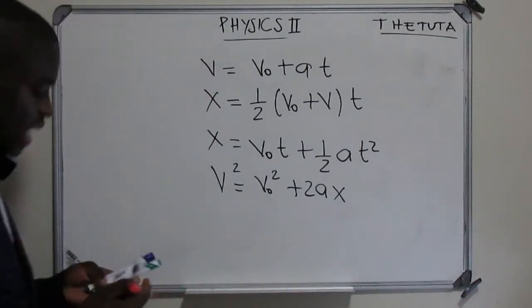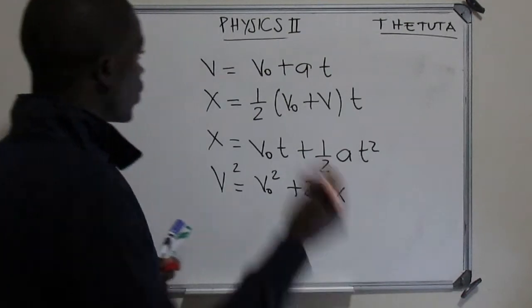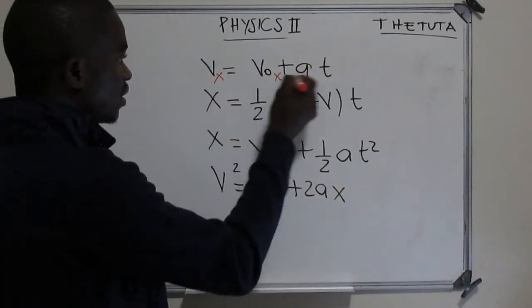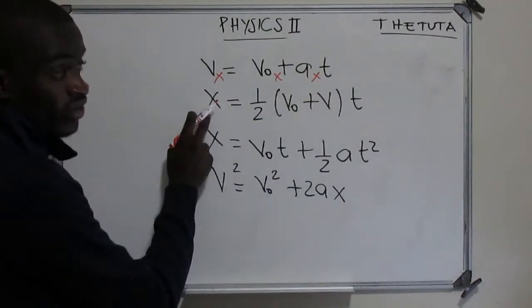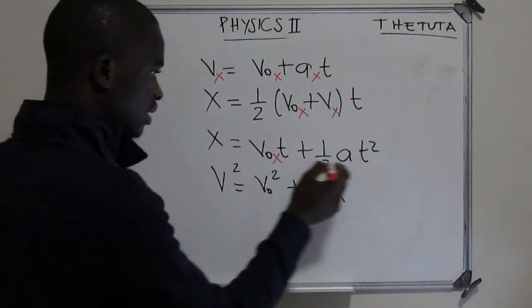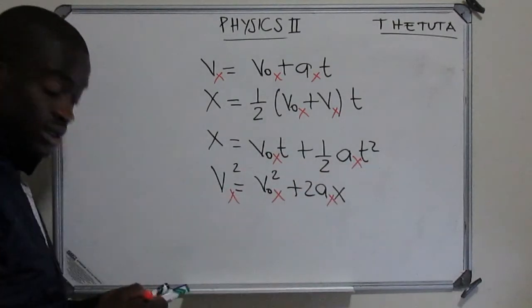Okay, but now we're going to play them in 2D. Remember, we're going to have an x and a y. So we're going to have in x, as you can see, acceleration in x.